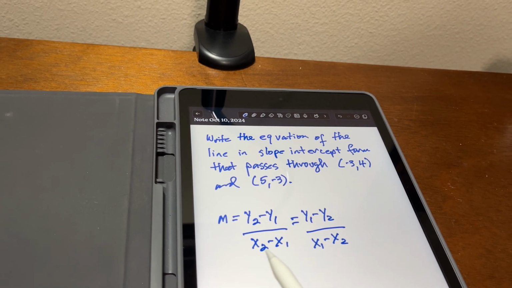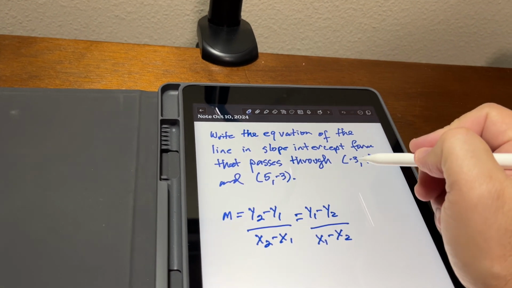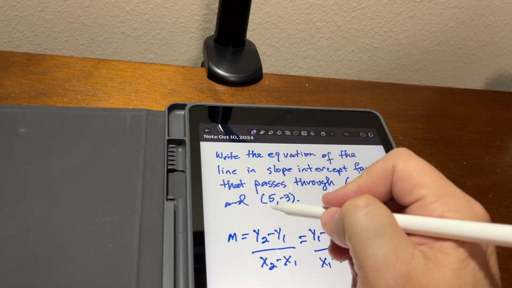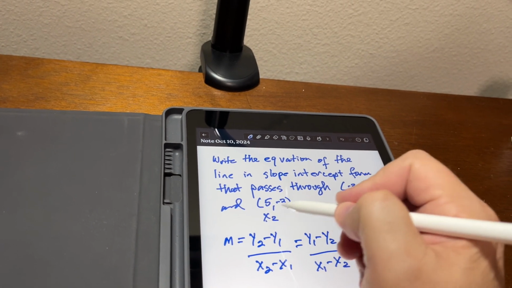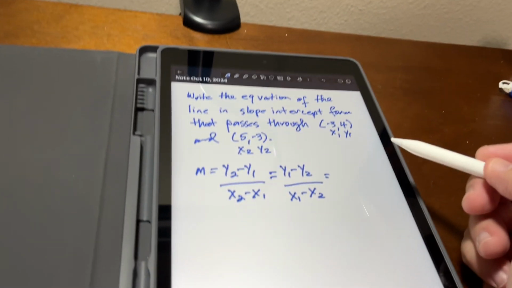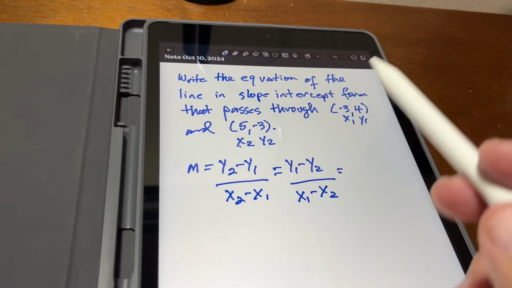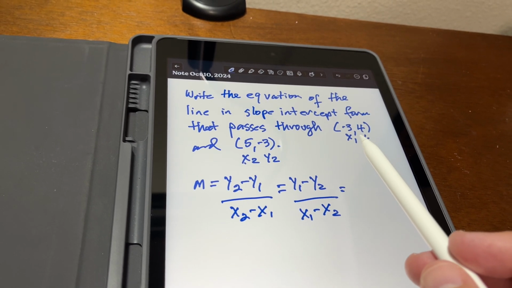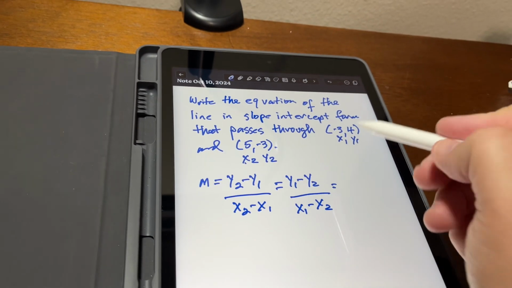Anyway, here we go. So this is x1, this is y1, this is x2 over here, and this is y2. So if I put this in, I'm going to go y2 minus y1. So I'm subtracting the 2 y's. Here we go.